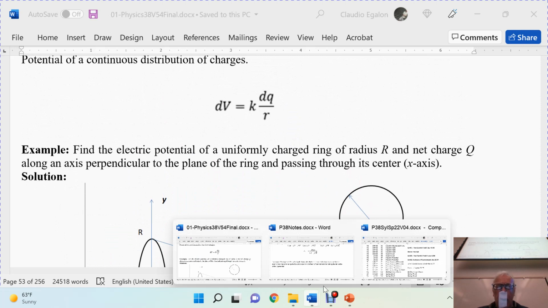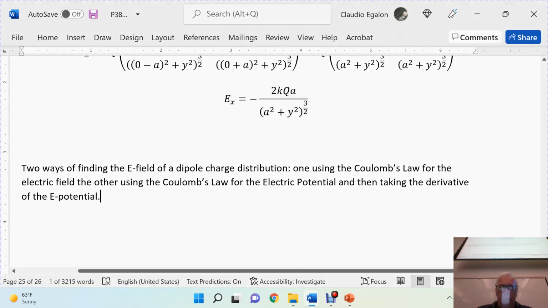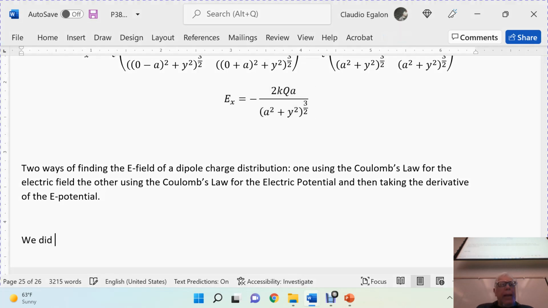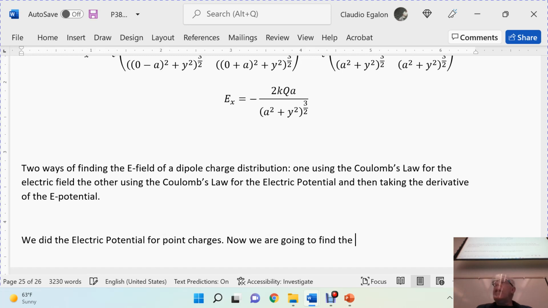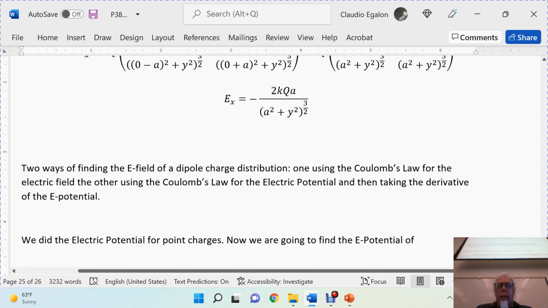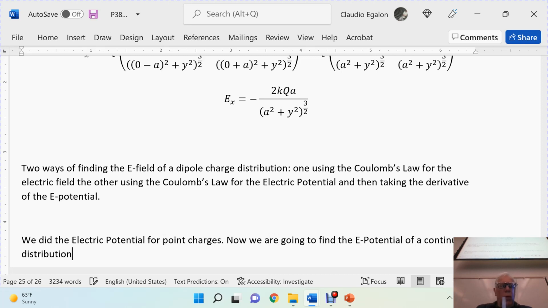So what we did so far, we did the electric potential for point charges. Now we're going to find the electric potential of a continuous distribution of charges.